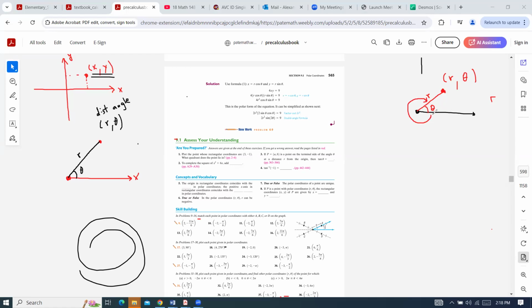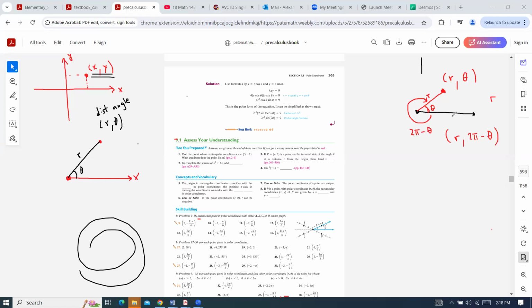So if I don't rotate by positive theta, but go from 2 pi, from a full rotation, and subtract theta, the same r will give me exactly the same point.